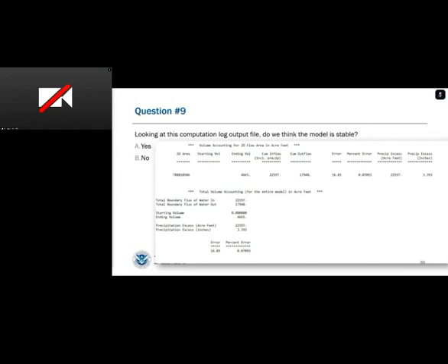And then last question, looking at this computation log output file, do we think the model is stable? Ooh, very split on this one, keeping it right at about 50-50.